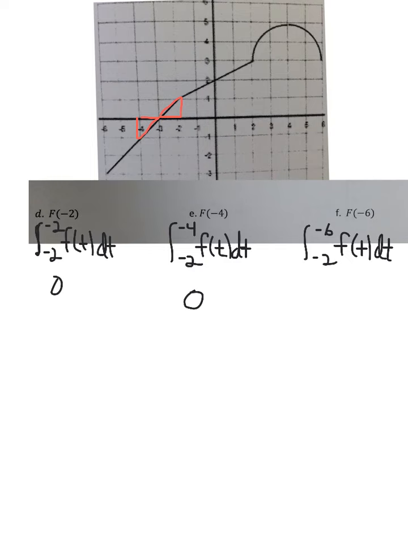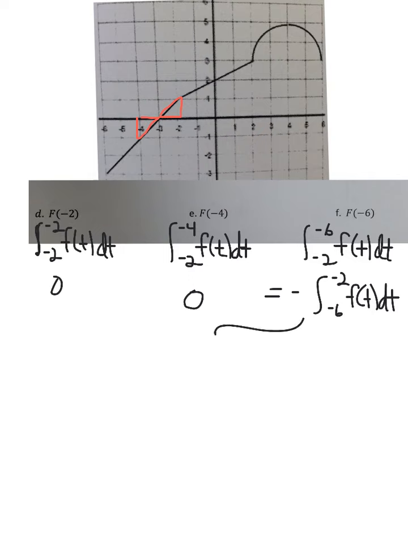Okay, so now let's look at here. Do I have an issue with the bounds? Yes, I do. I'm going to rewrite this as negative, and then I'm going to flip those bounds, -6 to -2 rather, and then we've got f of t dt. So I'm going to take whatever answer I get, and I'm going to negate that answer.